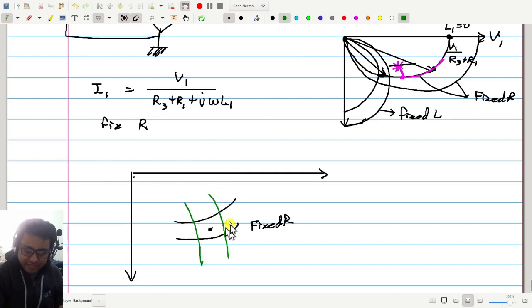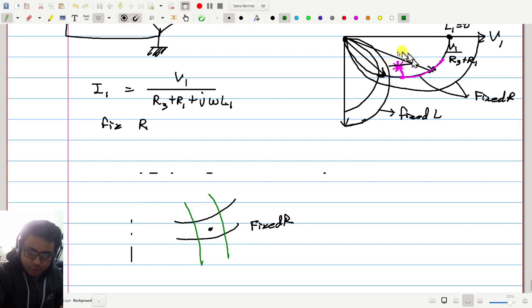Let me not draw this here because I am zooming in so much. So these green ones are fixed L lines and the black ones are fixed R lines.